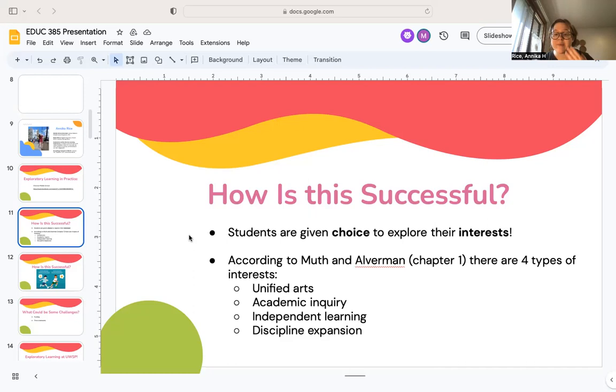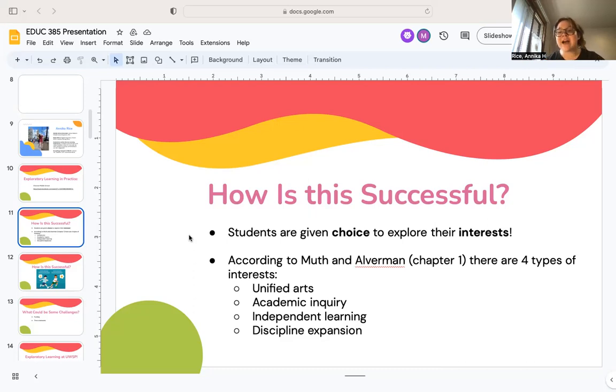According to Muth and Elberman, the first chapter we read for this class, there are 4 types of interests that students can explore. So that would be within the unified arts, academic inquiry, independent learning, or discipline expansion. So it appeared to me that there were lots of opportunities for these students, which is key.